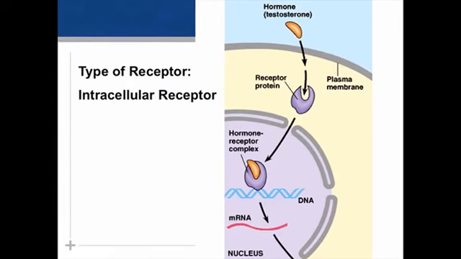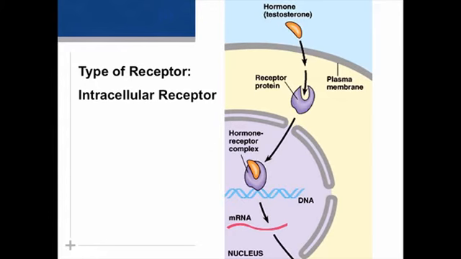And then our third type of receptor was the intracellular receptor, meaning inside the cell. We would see that kind of receptor with hormones, for example, testosterone, that travel all the way inside the cell where they set off their set of reactions.